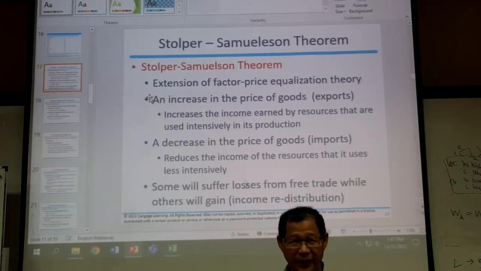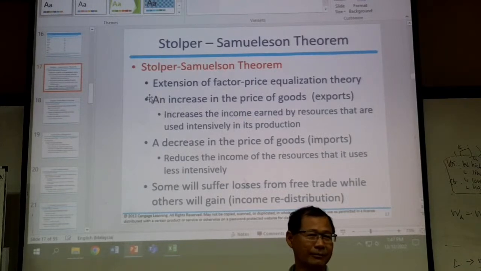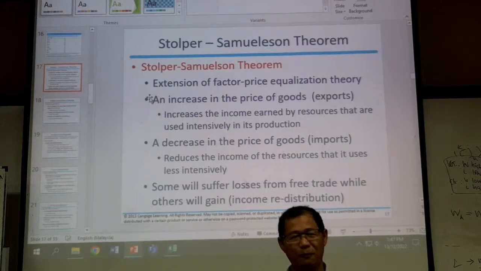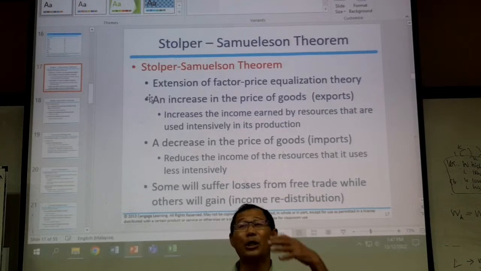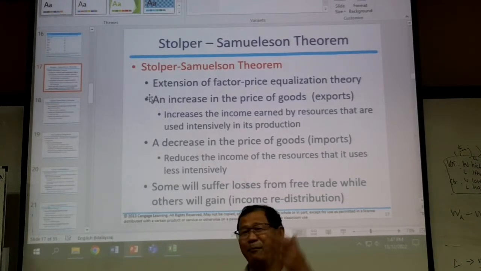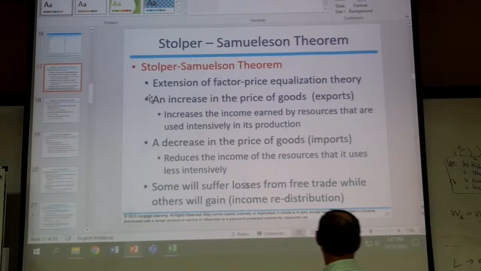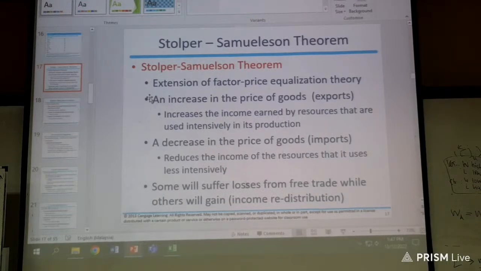You just invest here in Kodiang, or here in Kuala Lumpur. Because I learned from Stolper-Samuelson that the interest rate will be the same all over the world." The interest rate in country A and country B, in the world, will be the same.